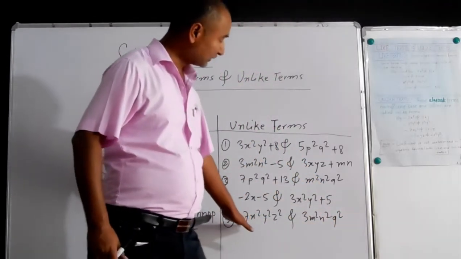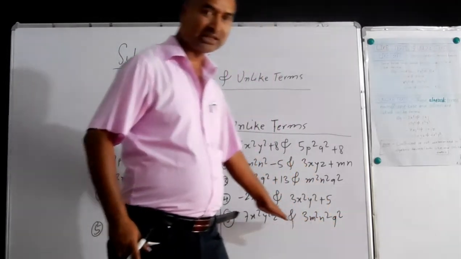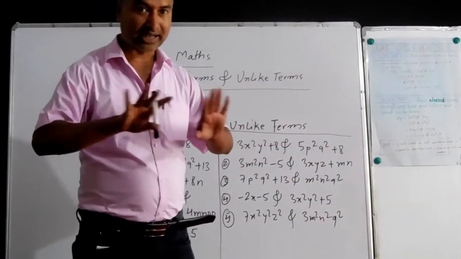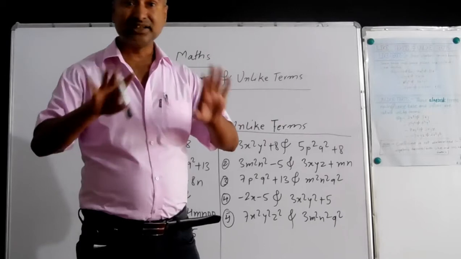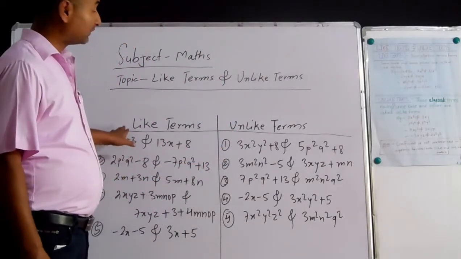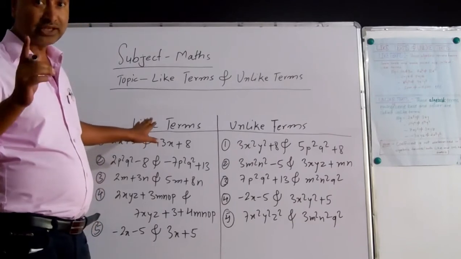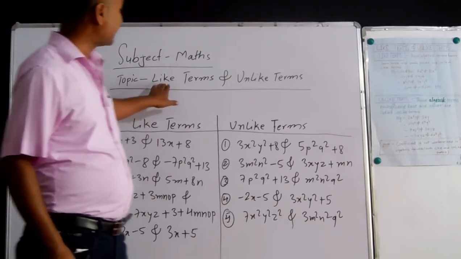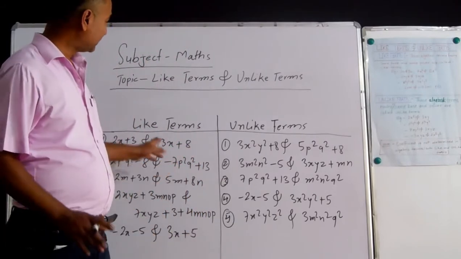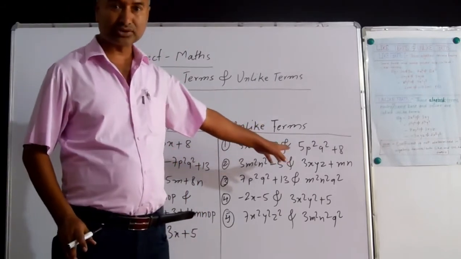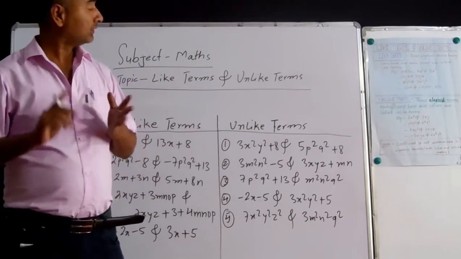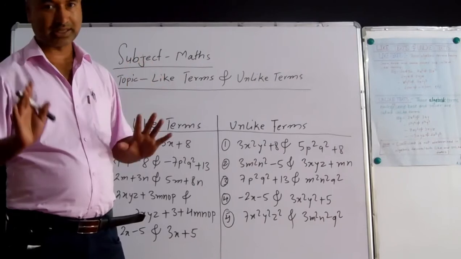There is also no similarity between the two terms, so they are unlike terms. So dear students, today's topic was like terms and unlike terms. Don't be confused about whether the terms or algebraic expressions are like or unlike.